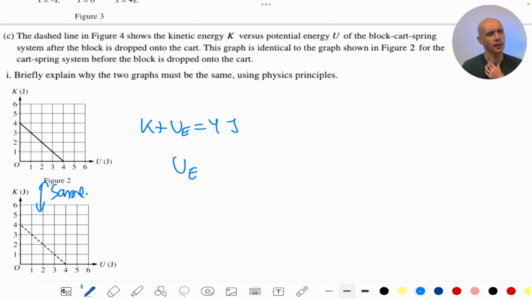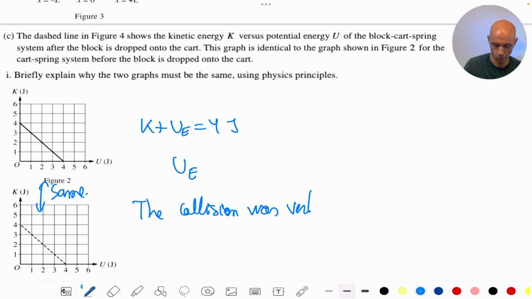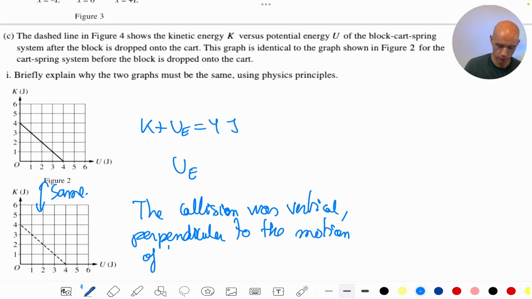What happens with the kinetic energy? Well, the collision was vertical, perpendicular to the motion of the cart spring system.